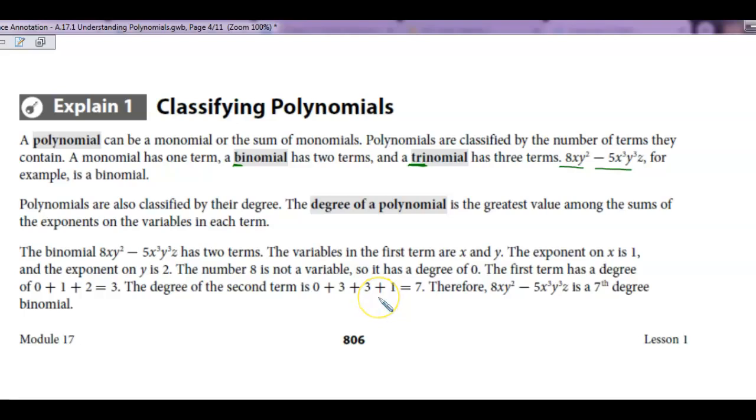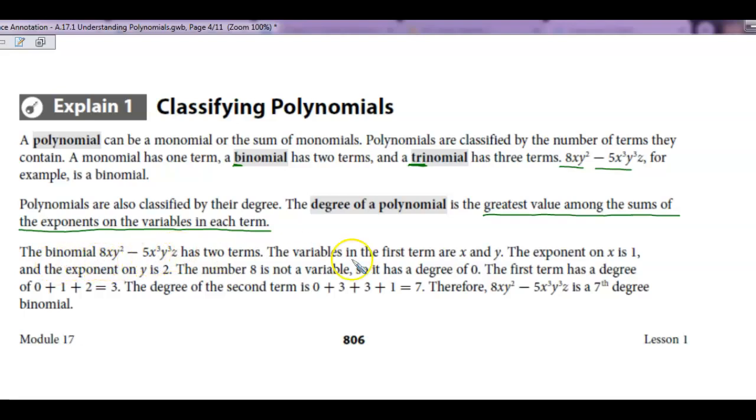Polynomials are also classified by their degree. The degree of a polynomial is the greatest value among the sums of the exponents on the variables in each term. So we're looking for the greatest value, and that's your degree of the polynomial. So the binomial 8xy squared minus 5x cubed y cubed z has two terms.